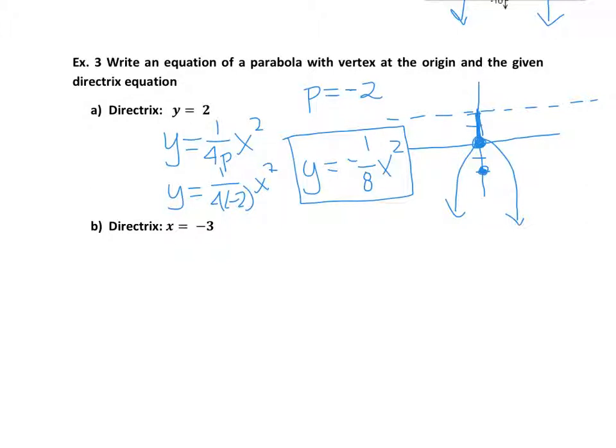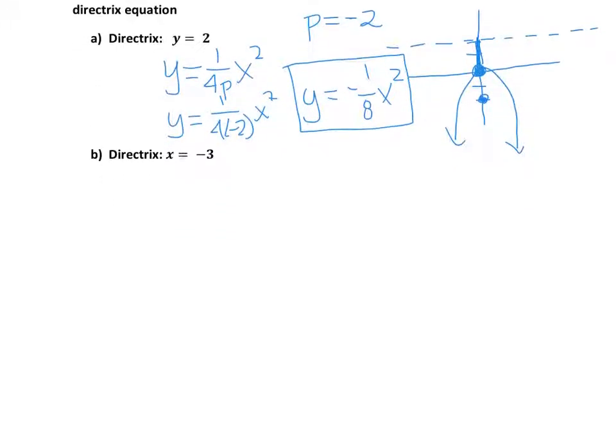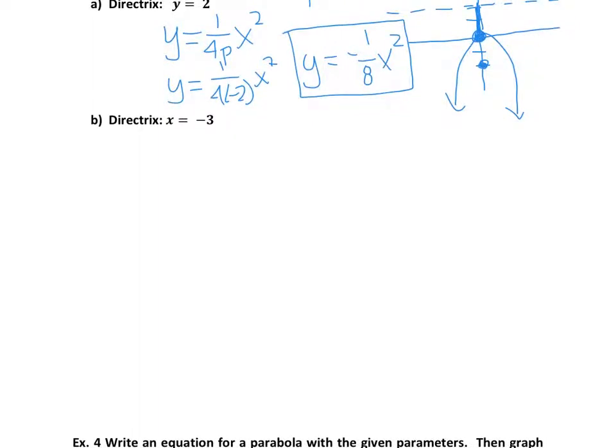So now let's take a look and see when our directrix is at x equals -3. So again, it's always a great idea, just sketch a rough graph. So again, your vertex is at the origin, and here is my directrix. This is going to be a sideways parabola. So first off, let's figure out what our p-value is.